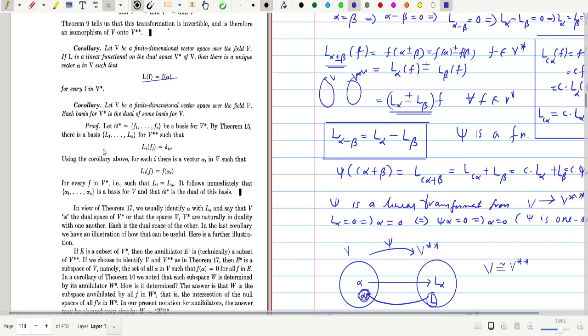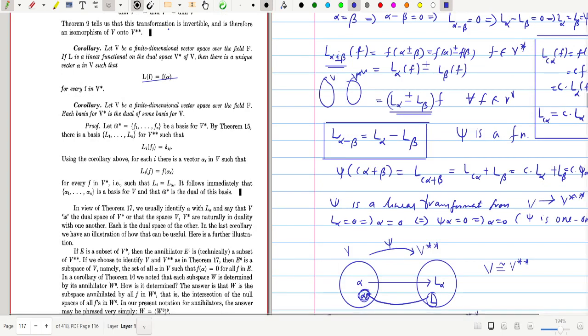The next corollary is about what happens if we start with a basis of the dual space V star, say f1, f2, etc., fn. The question is, can you find a basis of V? We have two vector spaces here, this is V, and this is V star.